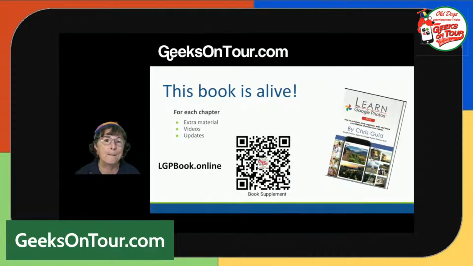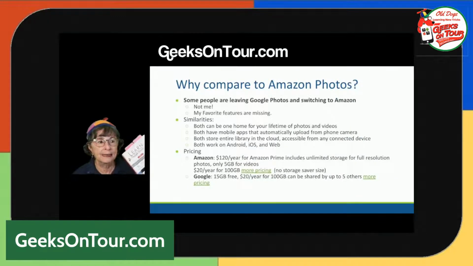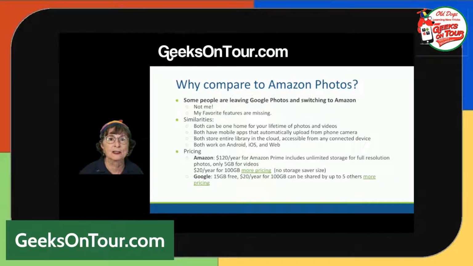So I have a companion web page, lgpbook.online. And on that web page, for each and every chapter, there is further extra material, there are videos, and there are updates. Whenever I find something has changed or been updated, I put it on that page on the website. So you get the book and then you pay attention to the web page.